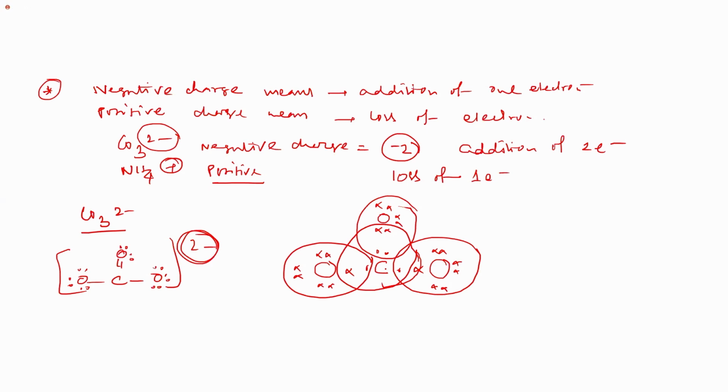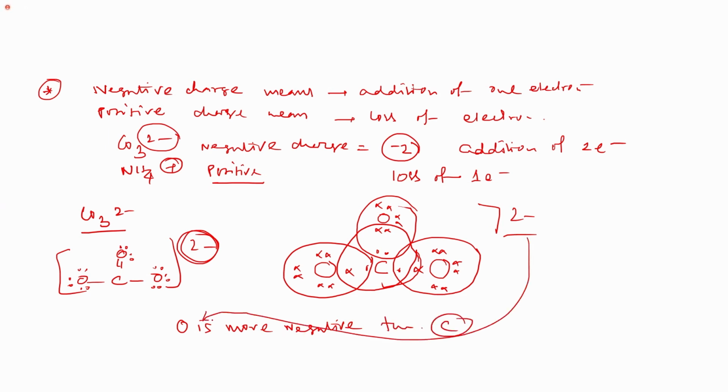So here, first of all you have to know that oxygen is more electronegative than carbon. That's why these 2 negative charges will be on the oxygen atoms. So here on the 2 oxygen atoms, this is the actual negative charge, this is also the negative charge.